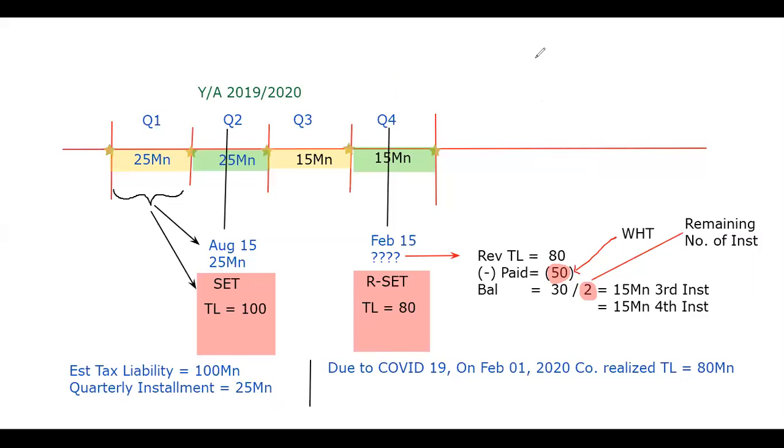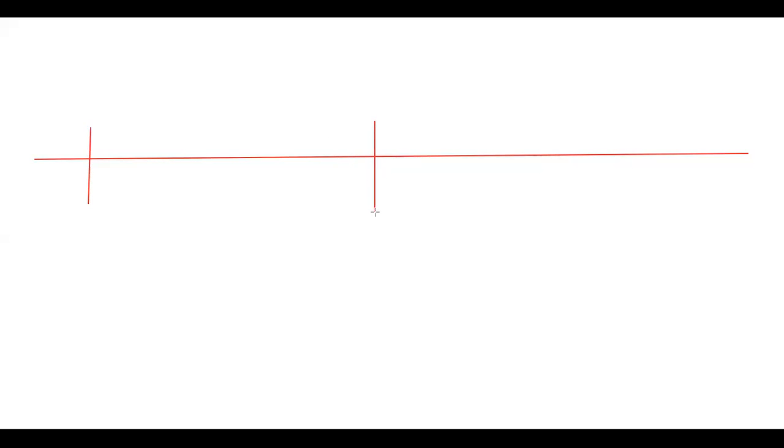I will clear this one. The time bar is a kind of line. Here, if you can see, the year of assessment is this date. Let's say the year of assessment 2019-20.